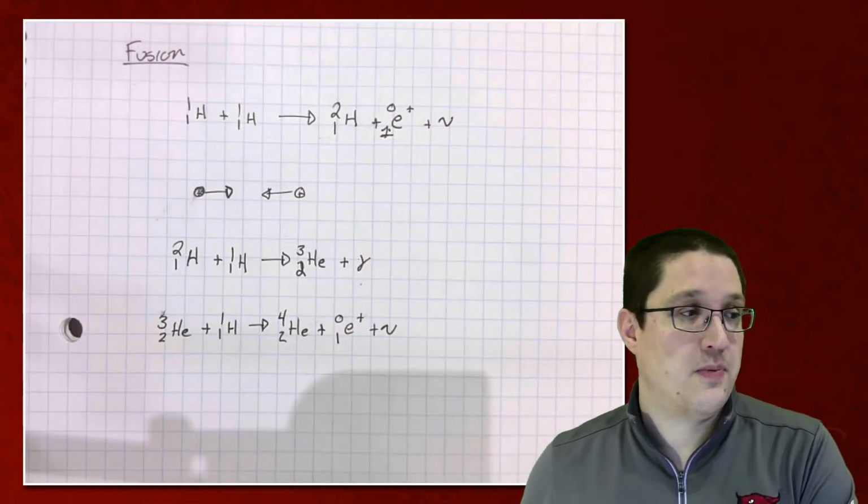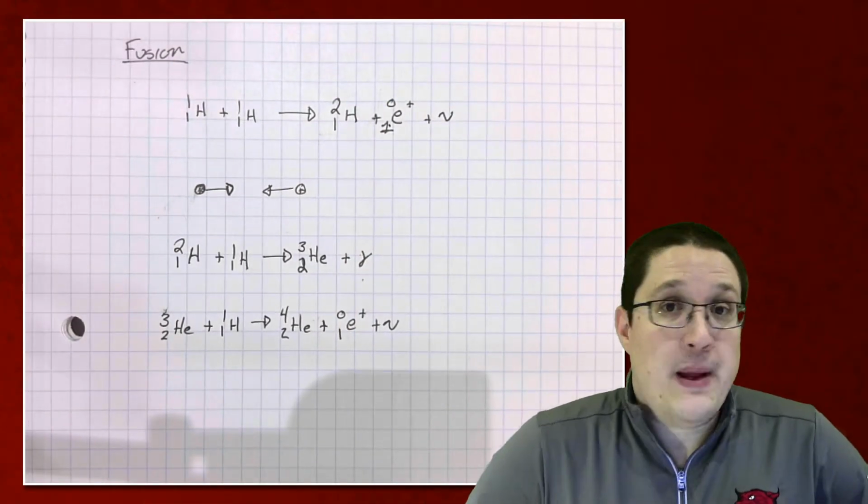Now, fusion is the process by which light elements such as hydrogen and helium are combined to create heavier and heavier elements. This only works for light elements. So let's take a look at a couple examples.